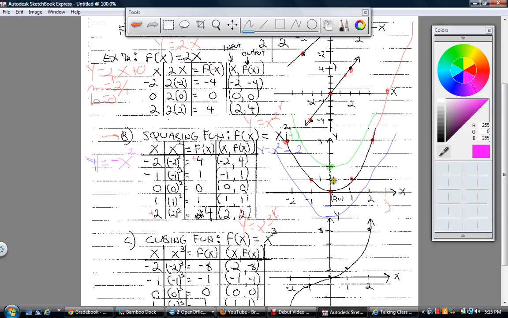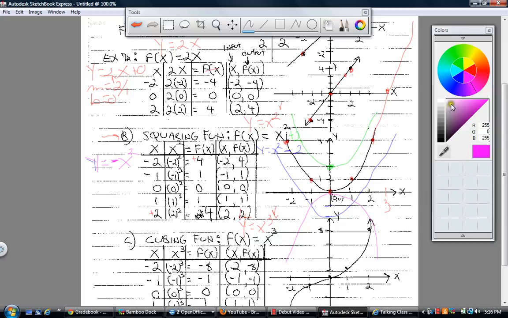What you'll find is the parent graph is going to be flipped over on top of itself, and go down like this, approximately. That's because the negative coefficient in front of the x squared will make the whole parent graph flip from opening up to opening down. Okay, just wanted to show that to you here.